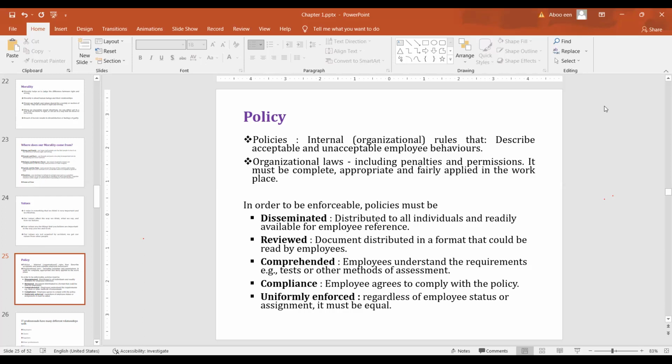So the organizational policy must be implemented for each and everyone, equally treated. So uniformly enforced, regardless of employees' status or position. It must be equal for each and everyone.